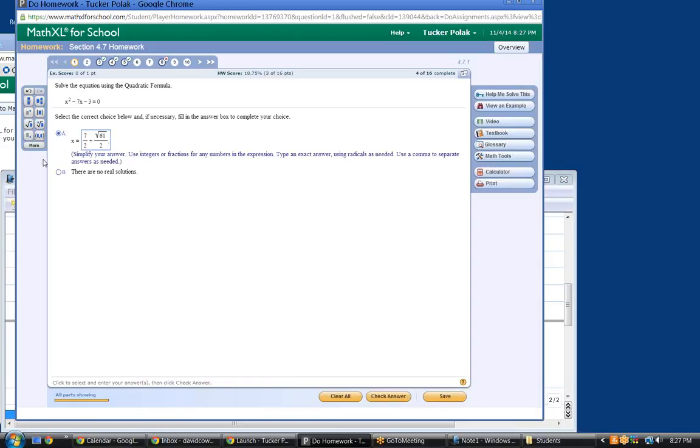Wouldn't it be negative that? Well, not negative of that, but 7 halves minus root 61, which is not the negative of this, but it's close. It's the conjugate. 7 halves minus root 61 divided by 2.